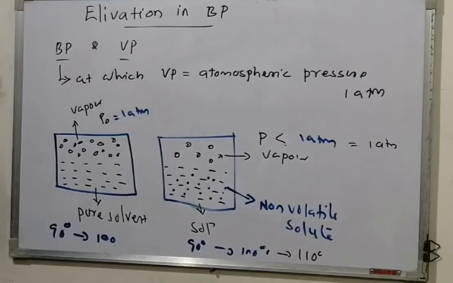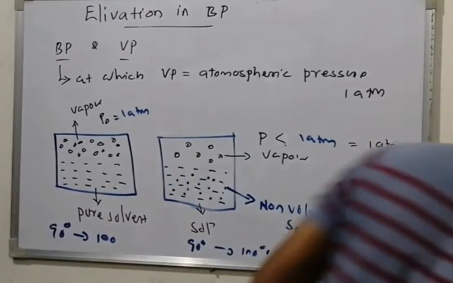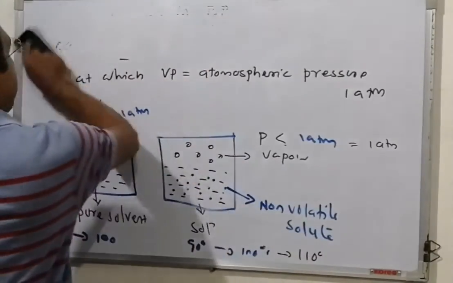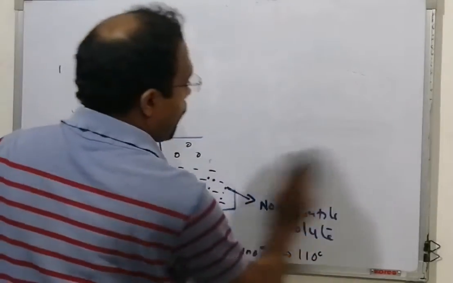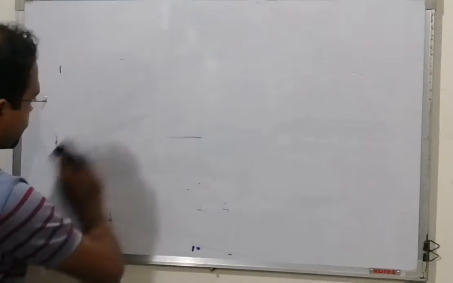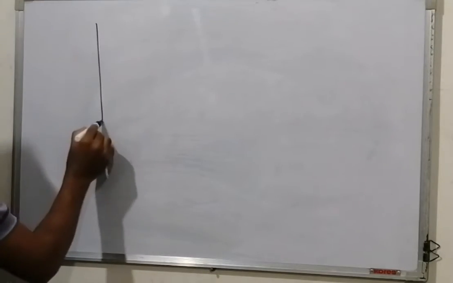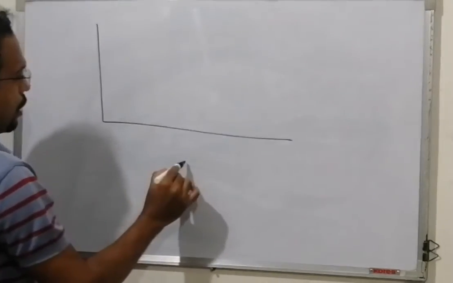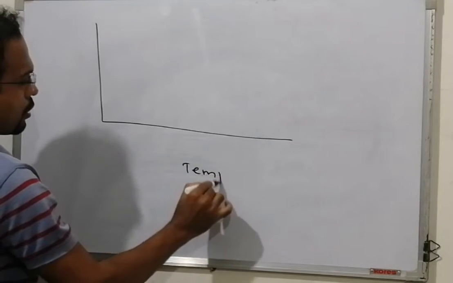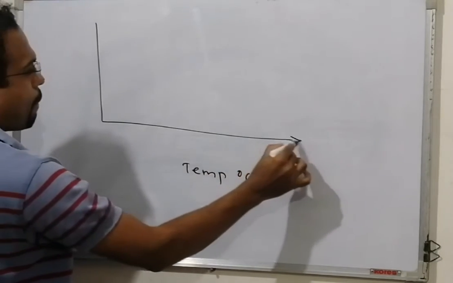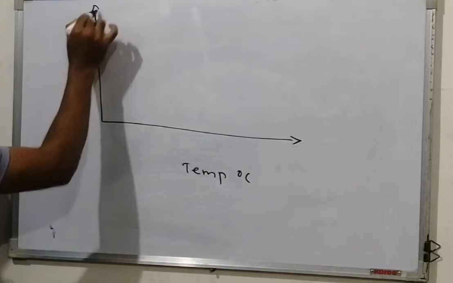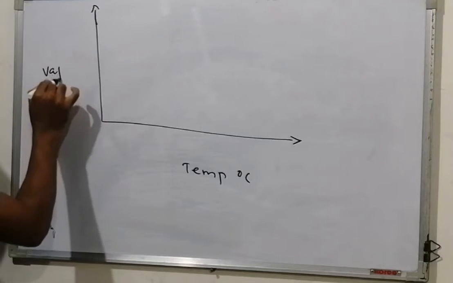Elevation in boiling point. Now we can express that graphically. Suppose this axis is temperature in degrees centigrade, and this is vapor pressure.